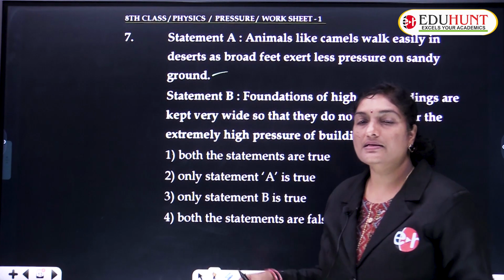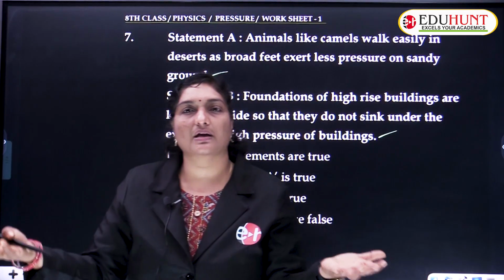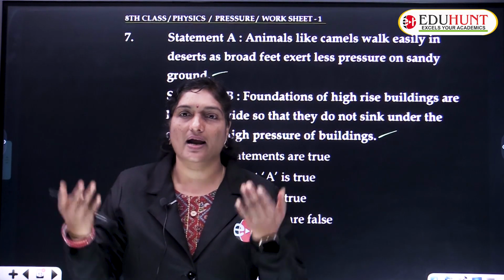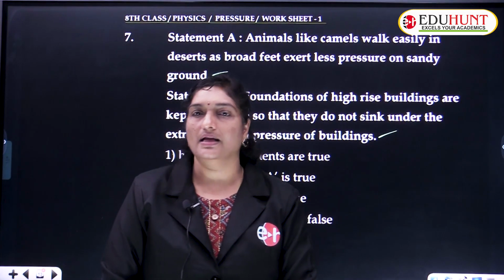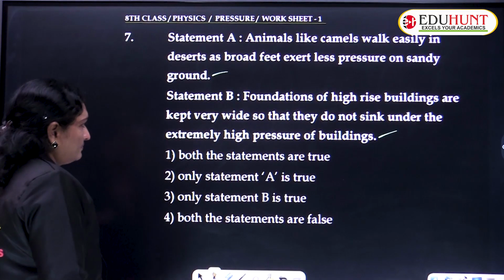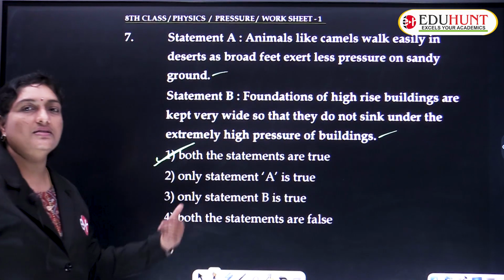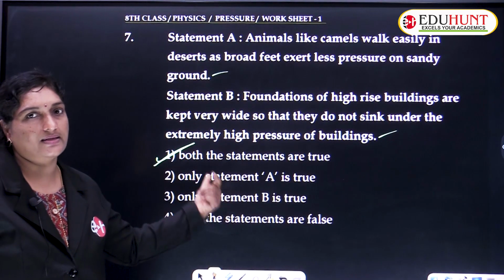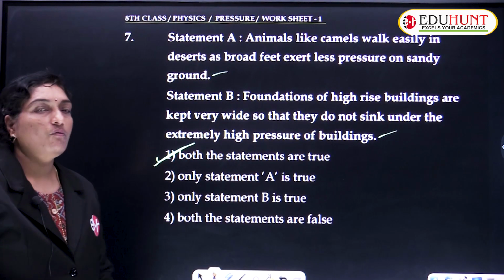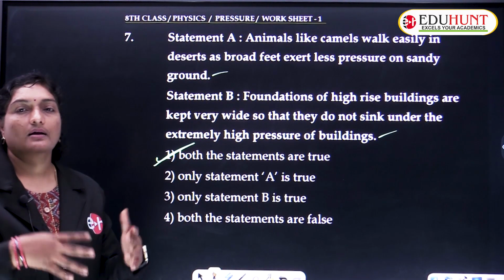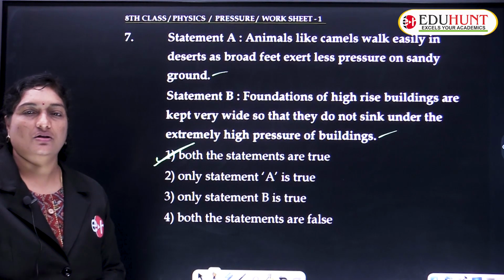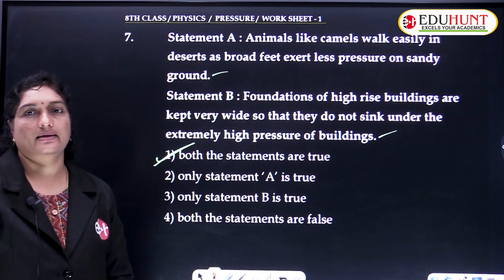When their foundations are made wider, they exert less pressure and they do not sink easily inside the ground. Hence, both statements are true. So the only correct option is the first option, that is both statements are true. When the bottom is wider, it exerts less pressure and they won't sink inside. That's it.